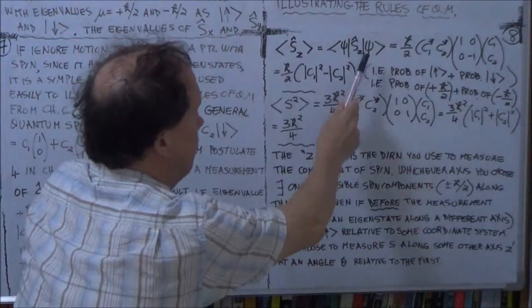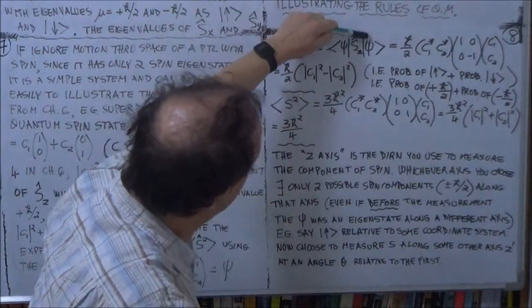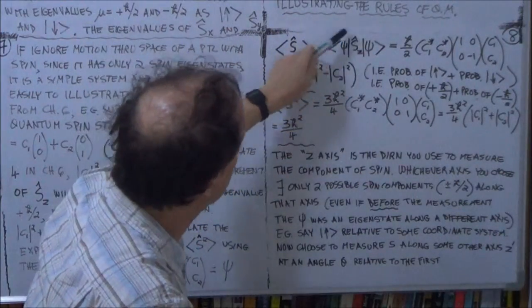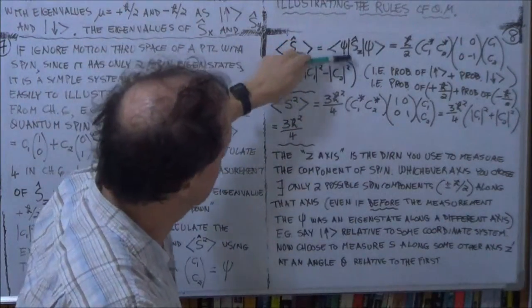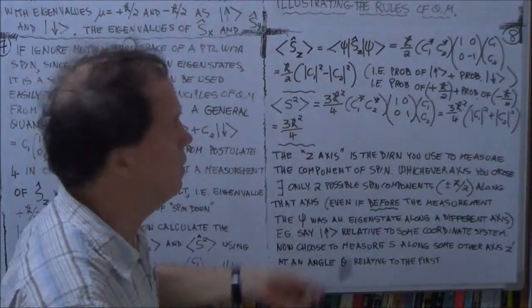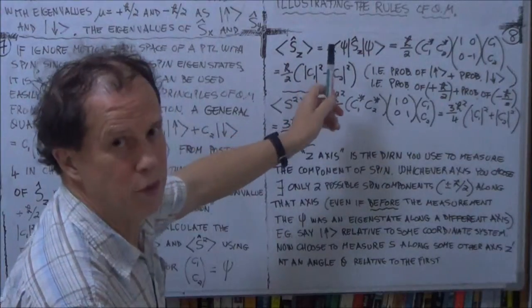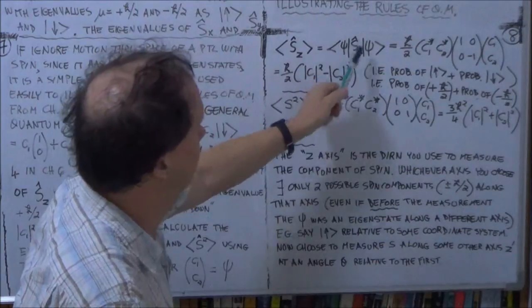And remember this Hermitian operator, you can put this S here to the left of the ket psi, or you can put it to the left of the bra psi. So having two vertical lines here creates a kind of symmetry. It just looks symmetric because of the property of Hermitian operators. You can put them either in the ket or in the bra.